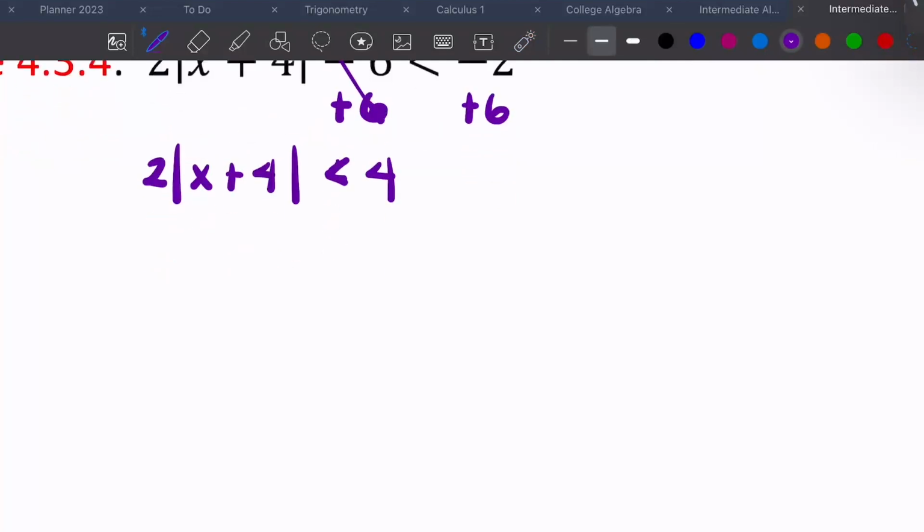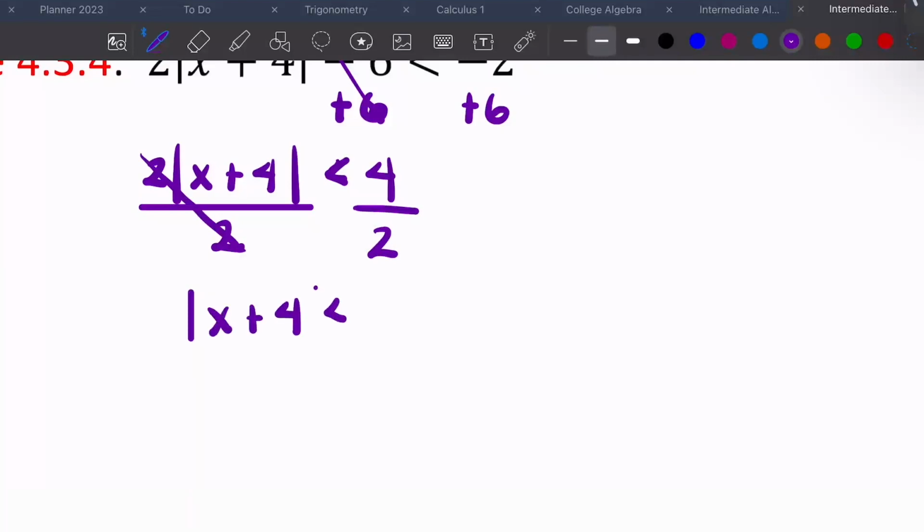Divide by 2. We created 1 right there. So we get the absolute value of x plus 4 is less than 2.